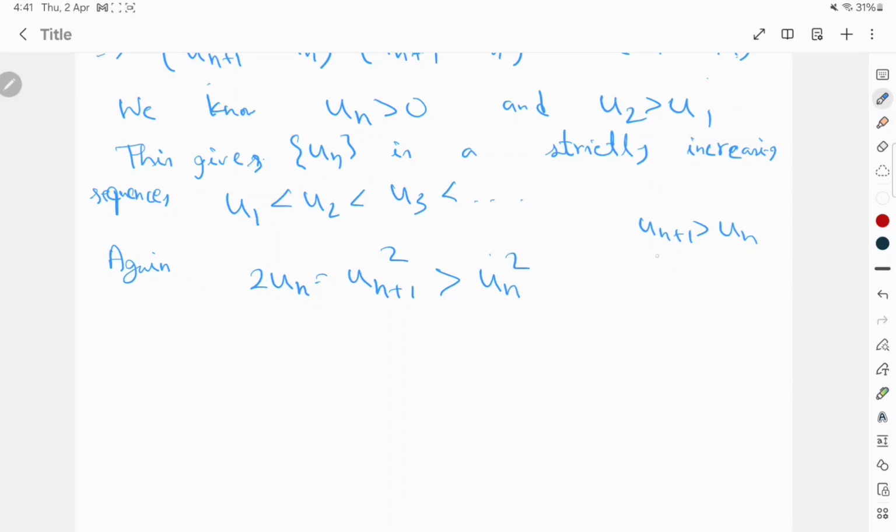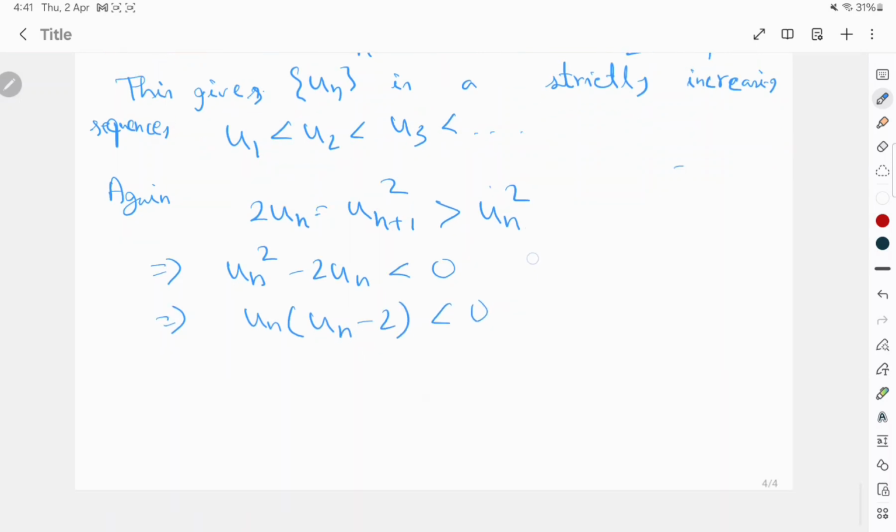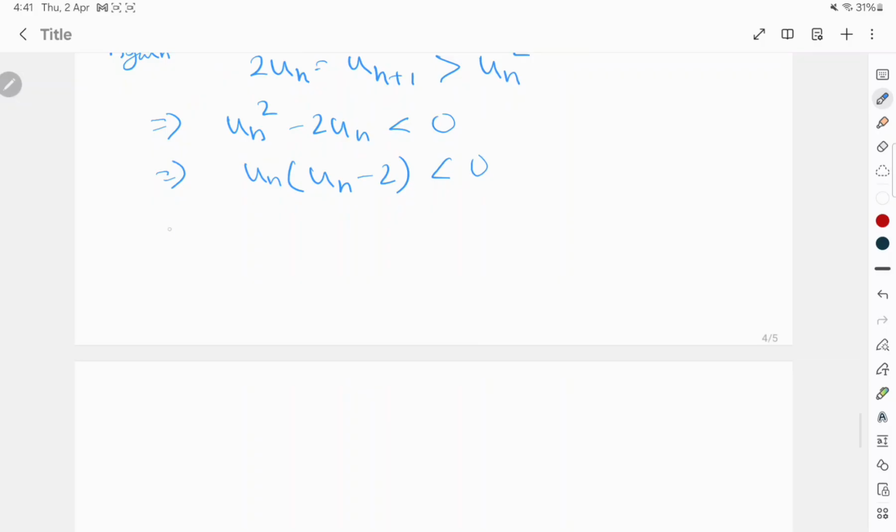If you use this here, you get un square minus 2 un less than 0. If you take un common, un into un minus 2 is less than 0. Obviously un is greater than 0, so un minus 2 is less than 0, so un is less than 2.